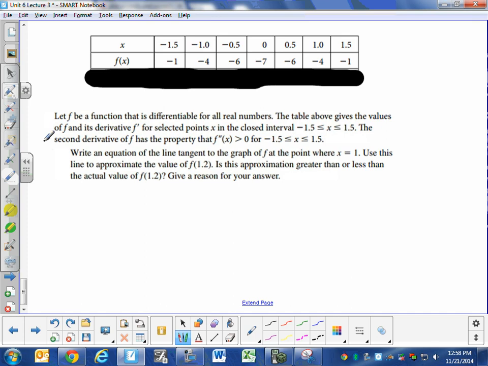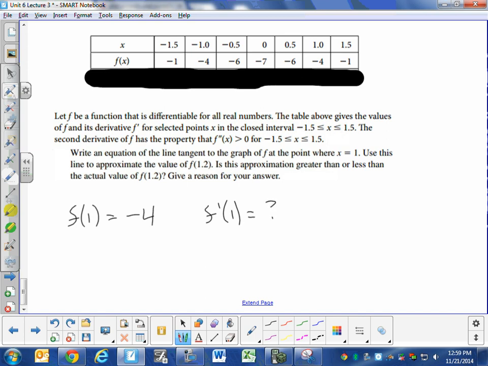So many words on these AP problems. Okay, well, I know that f of 1 is -4. But I purposely hid f prime of 1.